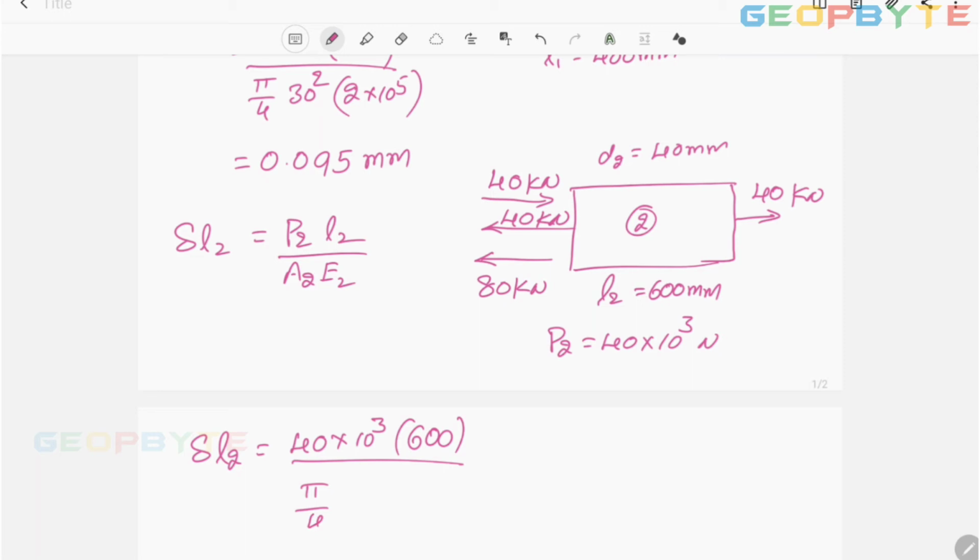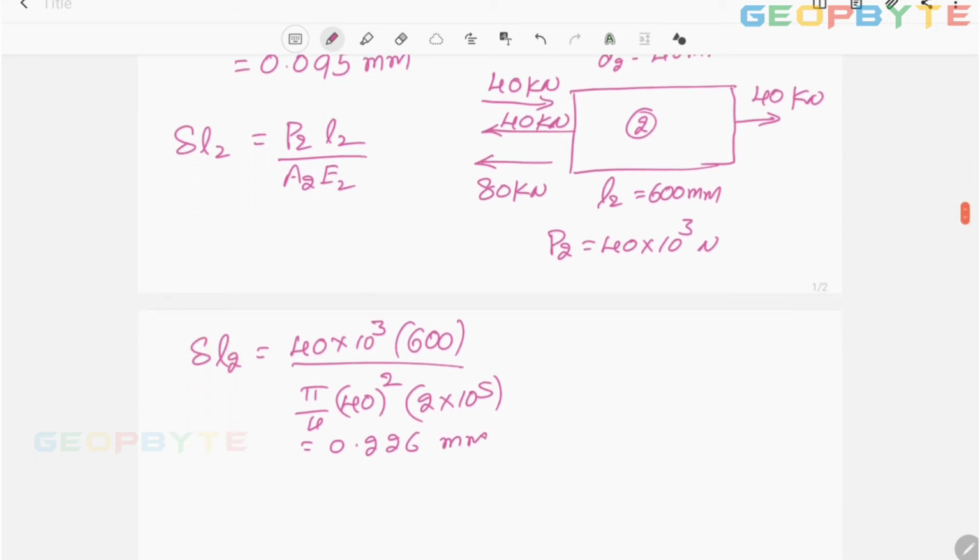Here D2 is 40 mm, 40 square into E2 2 into 10 power 5. Simplify this value for getting 0.226 mm.